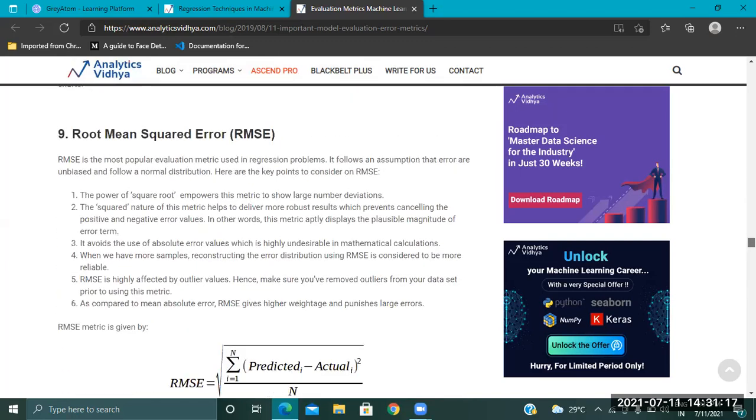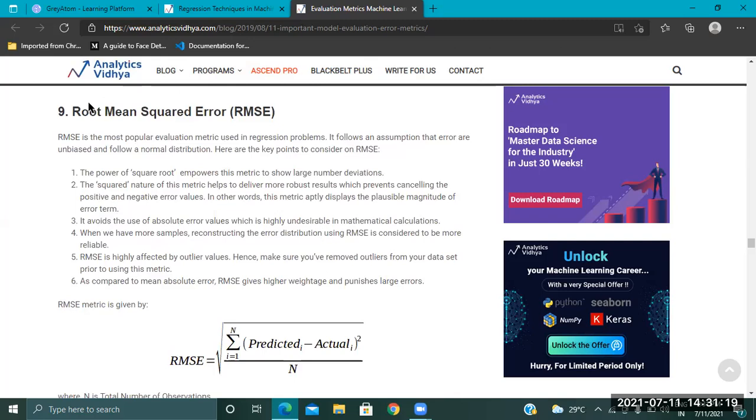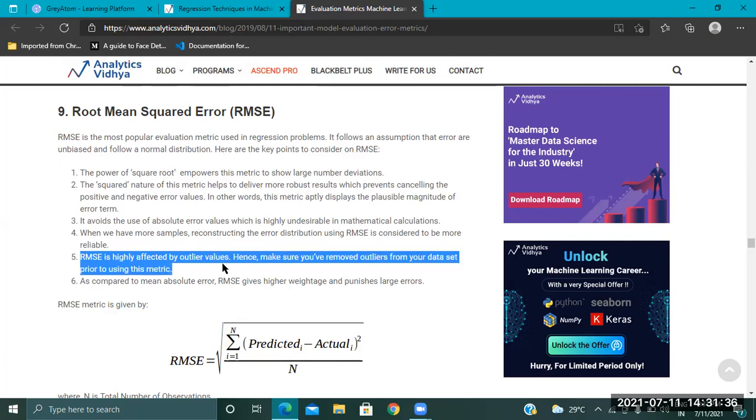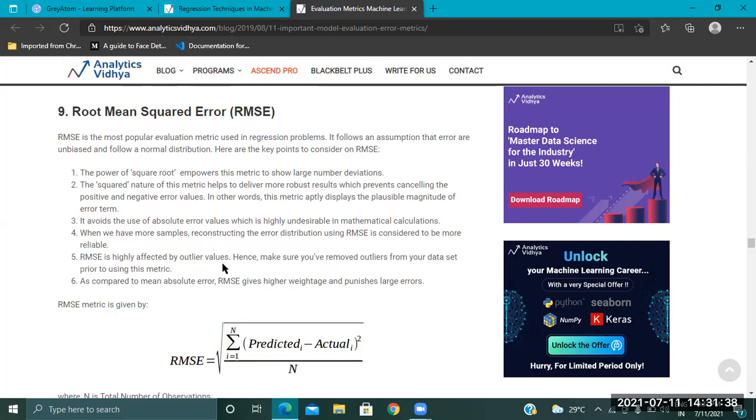Okay, RMSE. RMSE is also a very popular evaluation metric in regression problems. Basically, RMSE is highly affected by outliers. This is the main point. So whenever you are going to give the output by using RMSE, you want to remove all the outliers in your data.